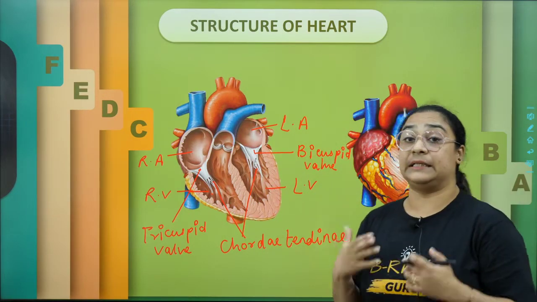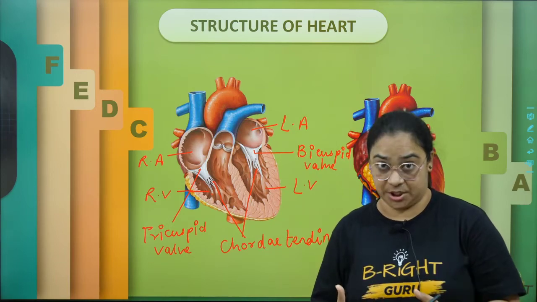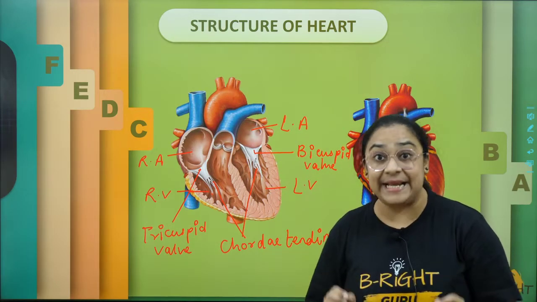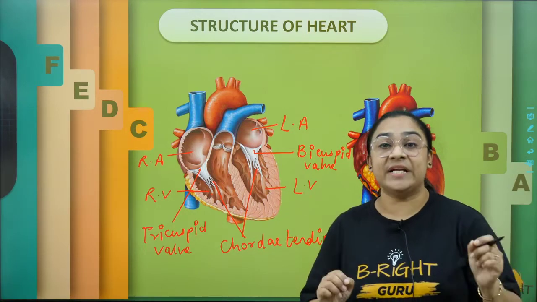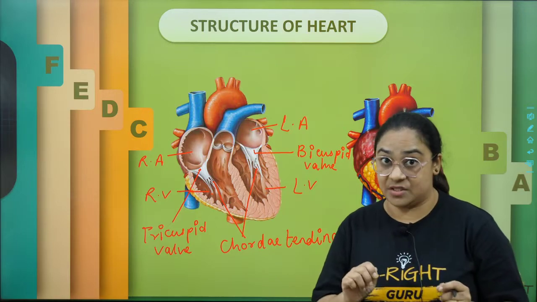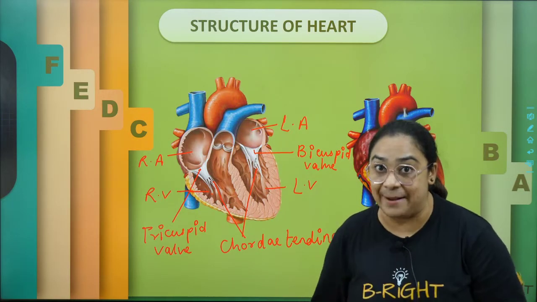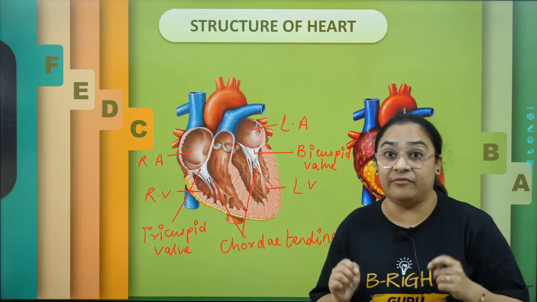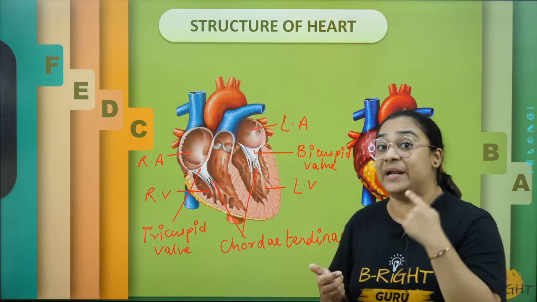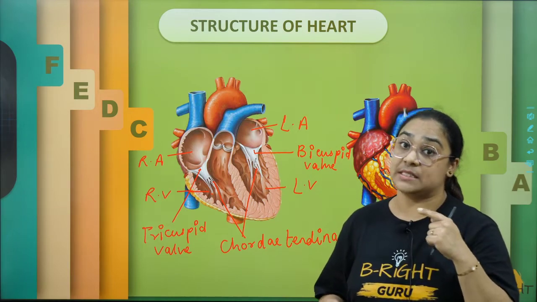Chordae tendineae are the tendinous cord-like structures which are holding the flaps of atrioventricular valves, and these are arising from the papillary muscles of the ventricle walls.